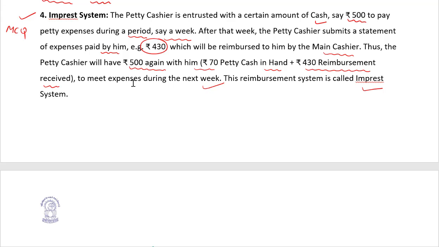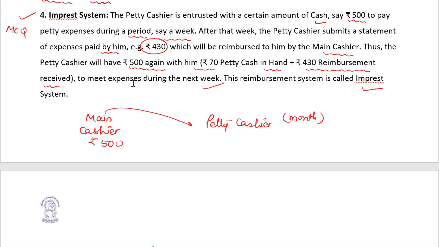I'll make it a bit simple for you. So generally what happens, this is the main cashier. He had given rupees 500 to the petty cashier for a month. So the petty cashier received 500.